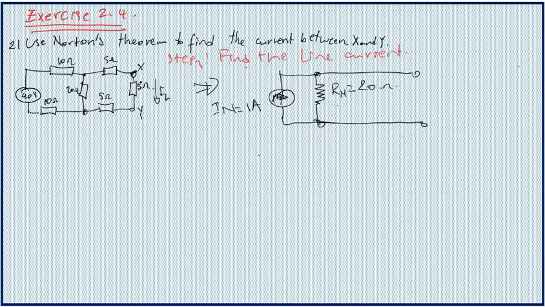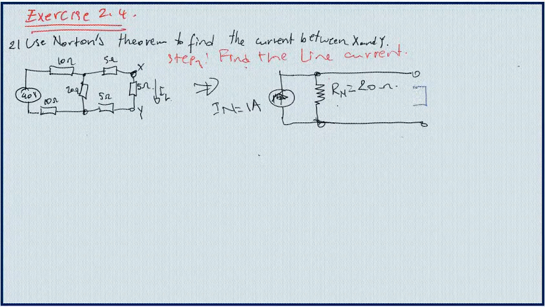They want us to determine the current in the load, find the current in X and Y. At these 2 points we can see that the load is connected. So in other words, they want us to find the current flowing in this load, so I'm going to plug the load back.